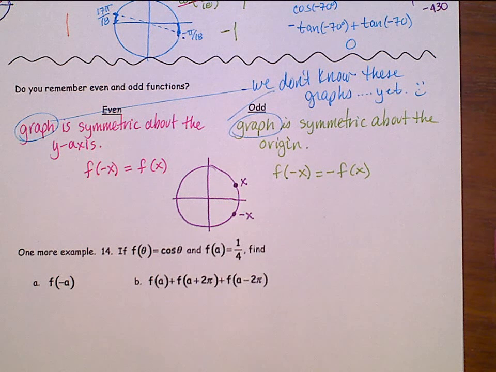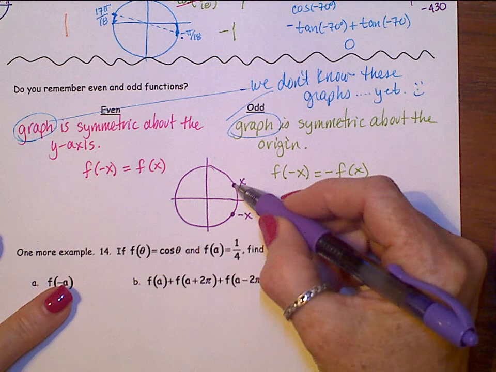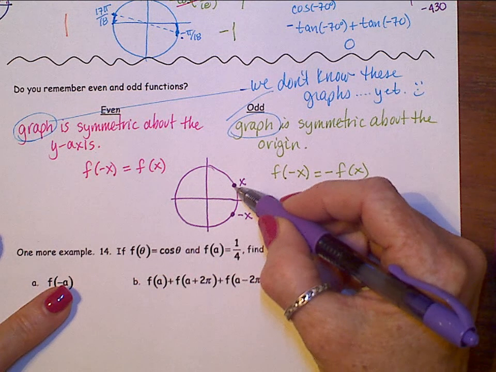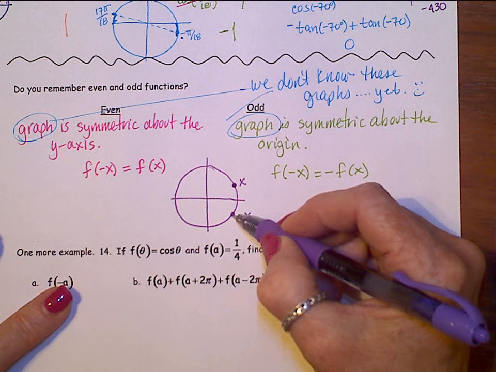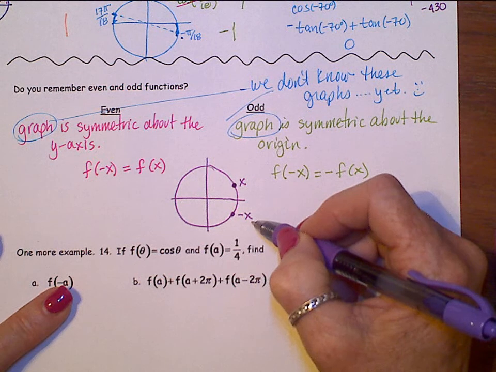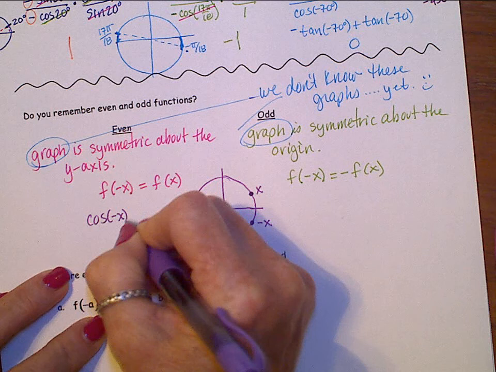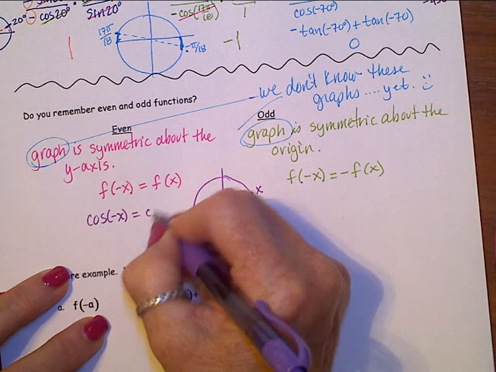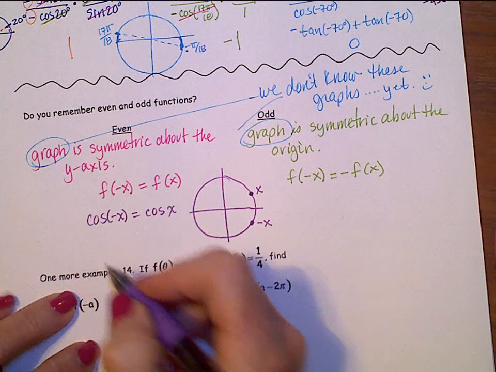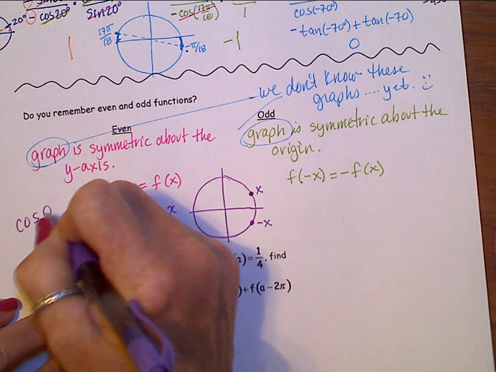Okay. Let's just start looking. Cosine. Is the cosine of this x exactly the same as the cosine of negative x? Yes. Cosine of negative x is the same thing as cosine x, so cosine is even.